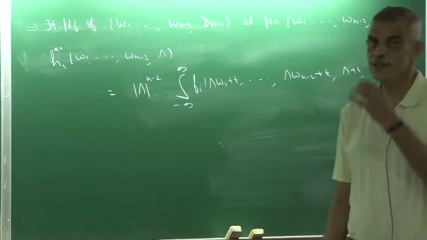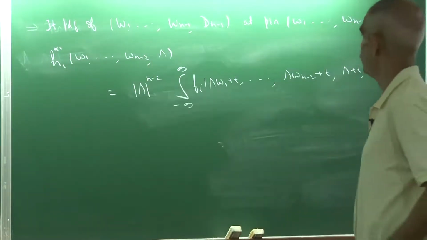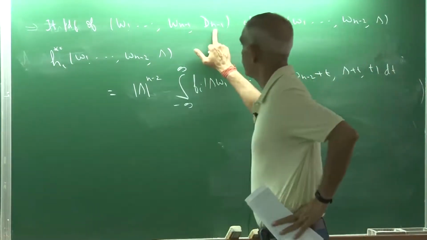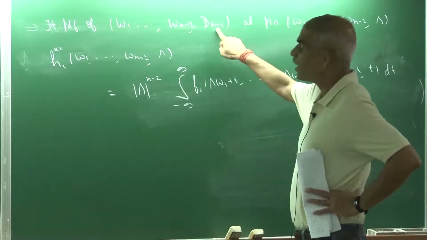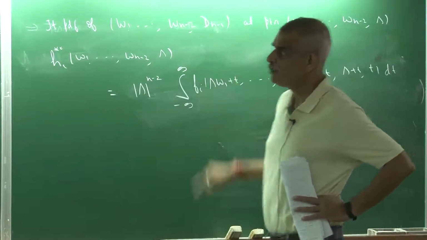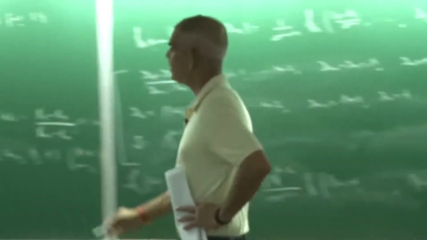So I found out the joint PDF of W1, W2, Wn minus 2, Dn minus 1. Sorry, this would be Wn minus 2. So the joint PDF of W1, W2, Wn minus 2 and Wn minus 1.